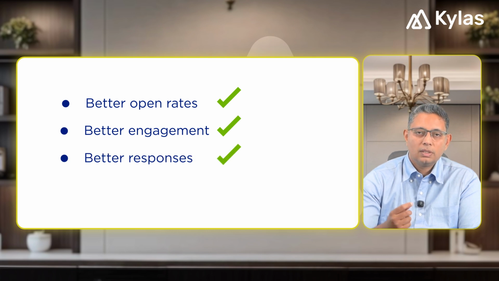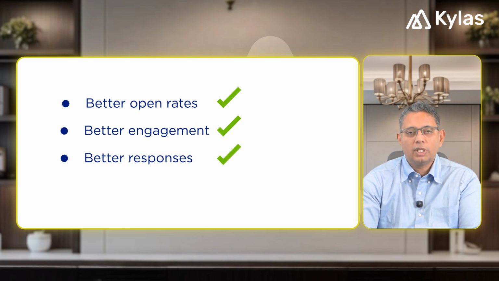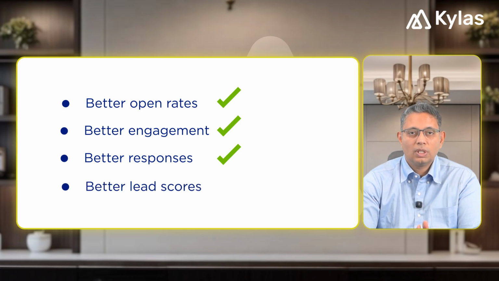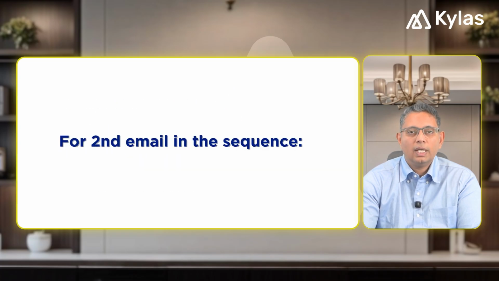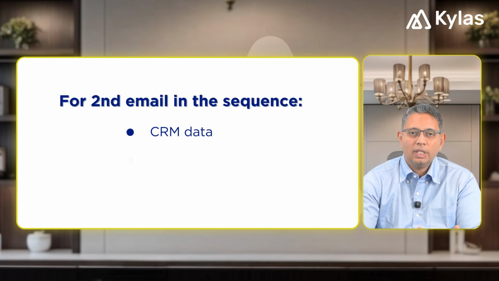Now as a second step, you have more context on the client and you have better scores on the client, and your CRM data gets better if there are replies or anything, and it understands the context and intent much better. So for the second set of emails that you are going to send out, you get your CRM data and context.